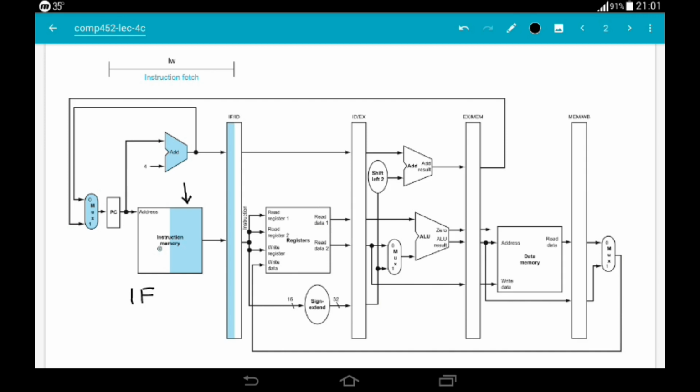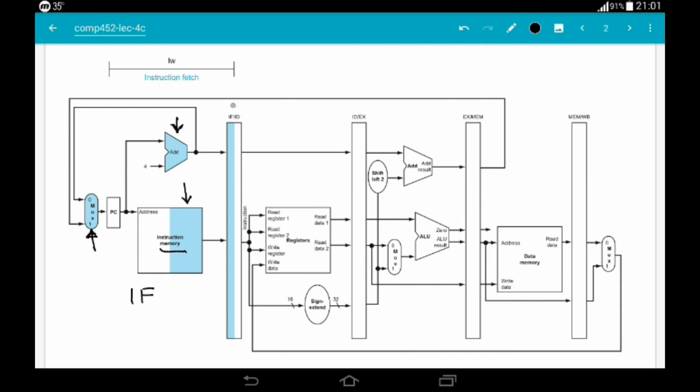That's why the right half of the instruction memory is shaded. This whole ALU is shaded because we are calculating PC plus 4, and this mux is shaded because we are updating the program counter register with PC plus 4.